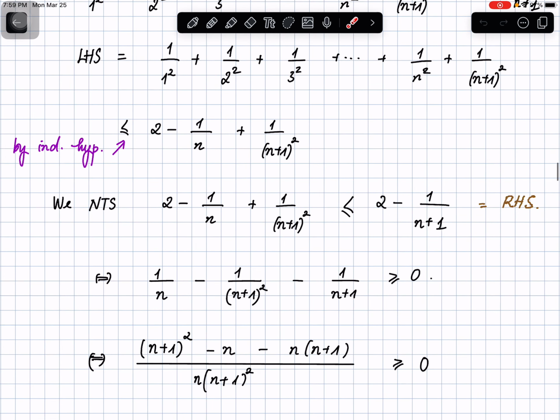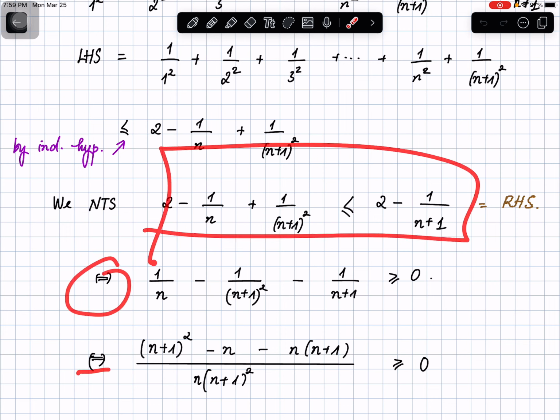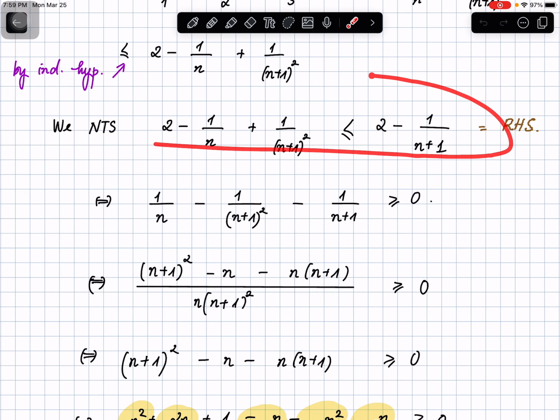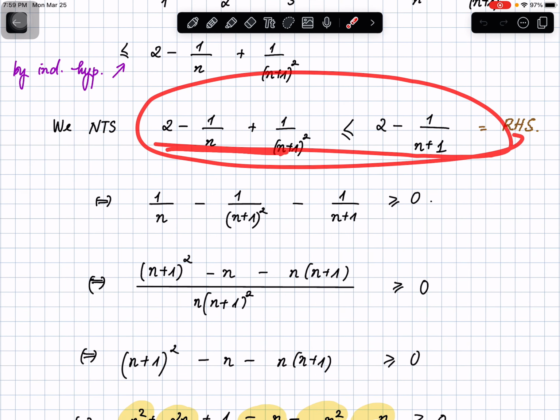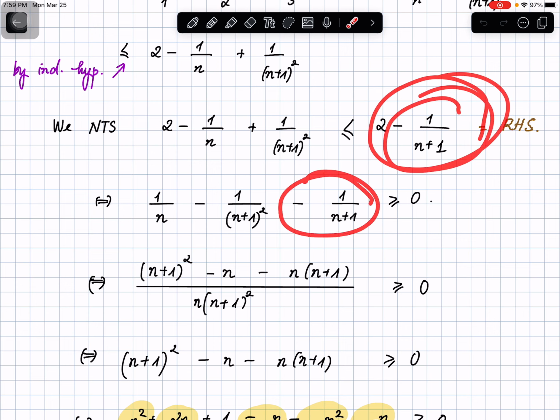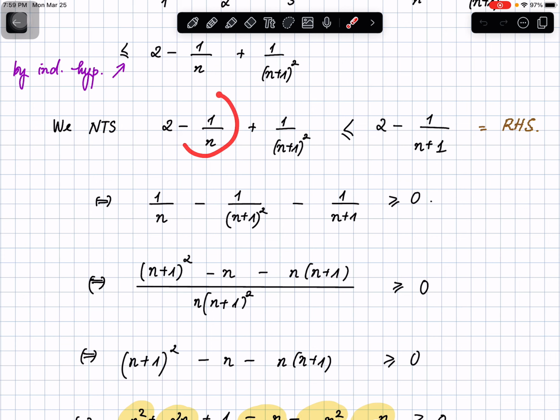One way to do it is to check whether this is true by verification. So this number less than or equal to this number, meaning that we move everything to the right hand side. So 2 and 2 cancel out. Minus 1/(n+1) is here, and here we have minus 1/n.